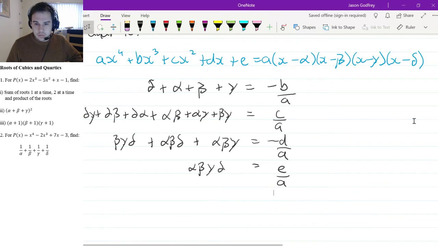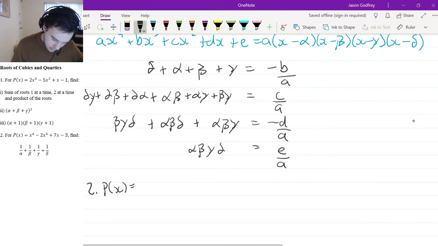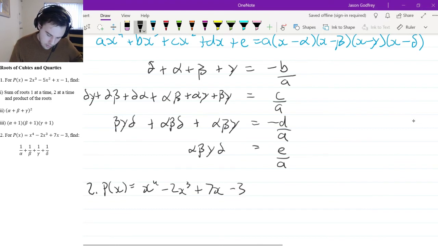Okay, so I'll try and do 2 using this now. So we've got our polynomial is x to the 4 minus 2x cubed plus 7x minus 3.